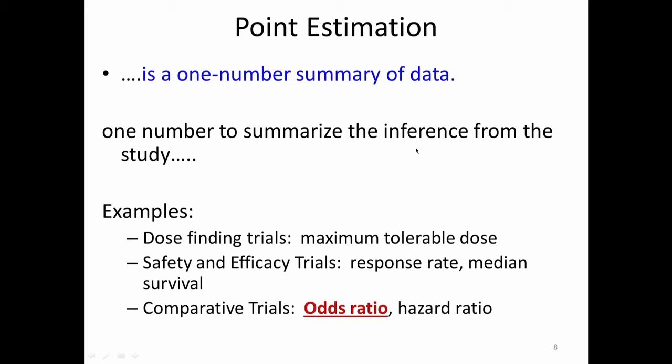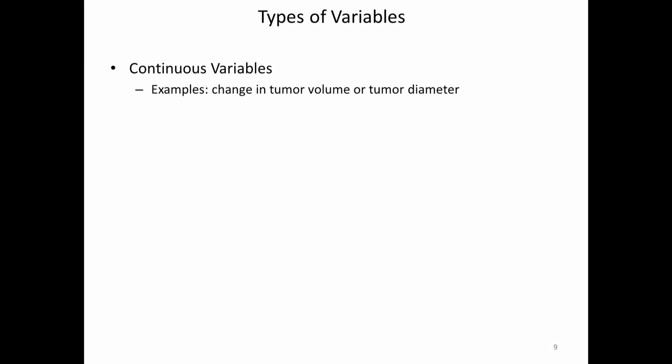These are all point estimations, and they come under the concept of odds ratio. Okay. Or they are also called hazard ratio, odds ratio, hazard ratio. Let us look at some examples actually. When you are looking at, say, change in tumor volume or tumor diameter, that is a continuous variable. Okay. We can calculate mean, we can calculate median for that. If you are looking at how the tumor volume changes in 1 month.